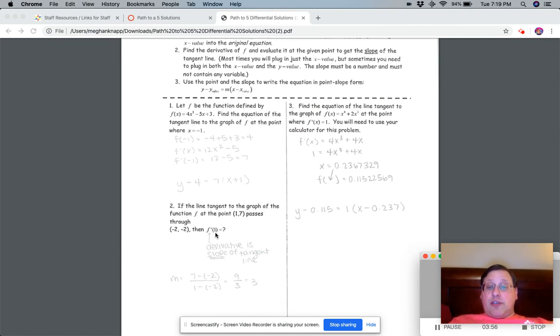Number 2, since they're talking about slope of a tangent again, they gave you 2 points. So we're just looking at change in y over change in x to get an answer. For number 3, this is a little bit trickier. This is the backwards version. They are talking about the derivative equaling 1. Where is the slope of the line 1?